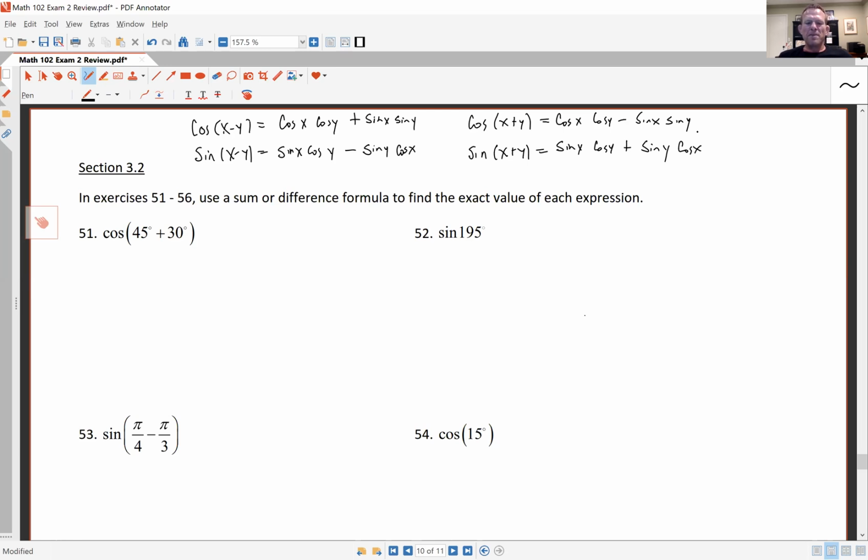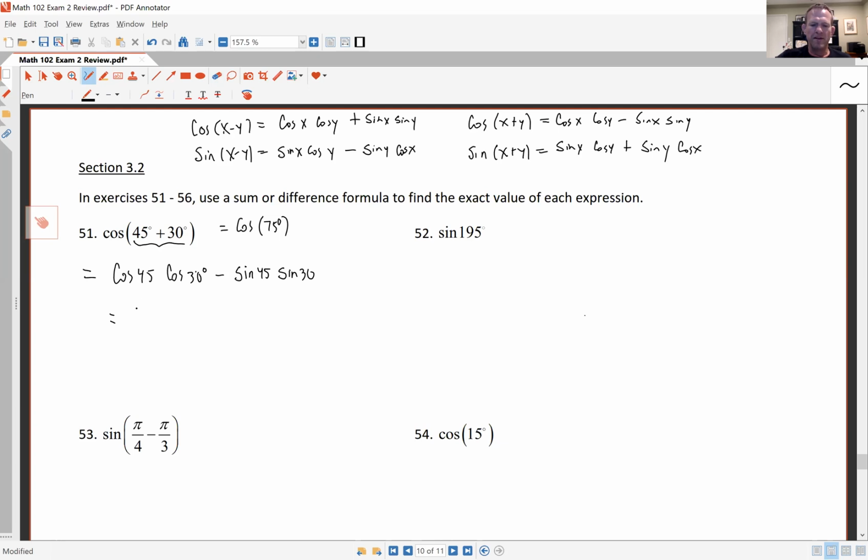So with these formulas, it allows us to come up with the cosine of some of our non-standard angles, like in this case, 75 degrees. Since 75 is the sum of 45 and 30, we use the sum formula, cosine x plus y: cosine first, cosine second, minus sine first, sine second.